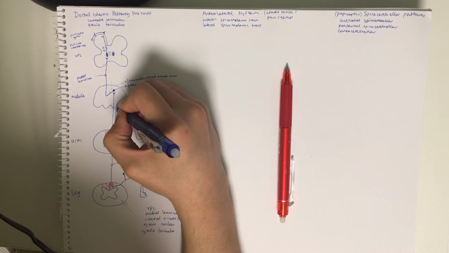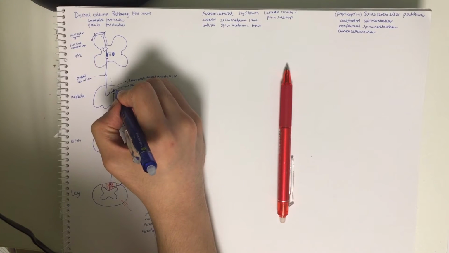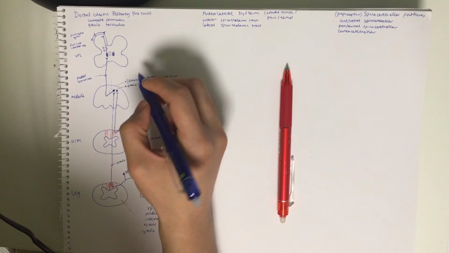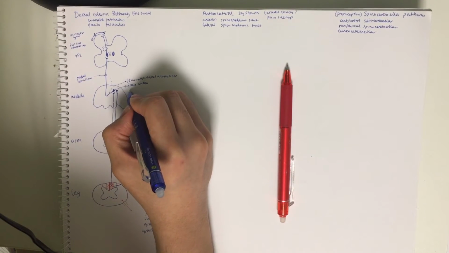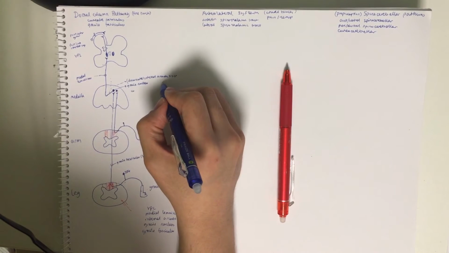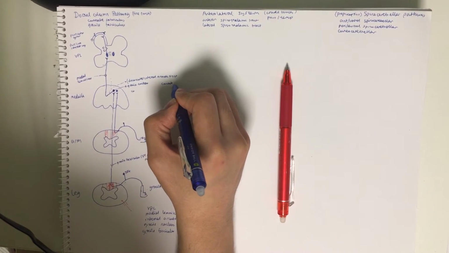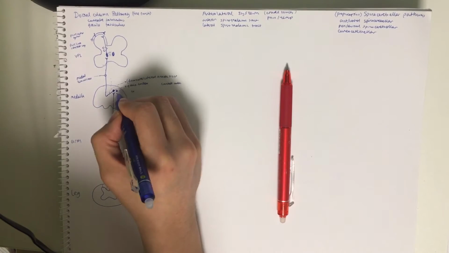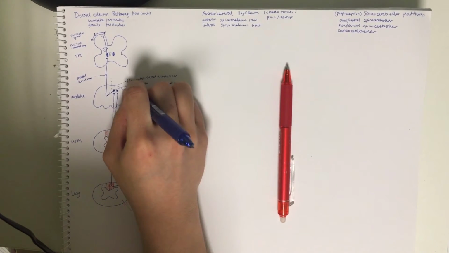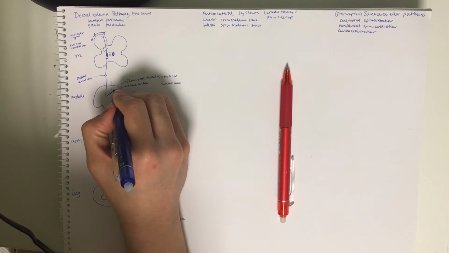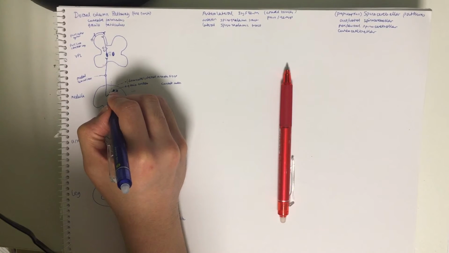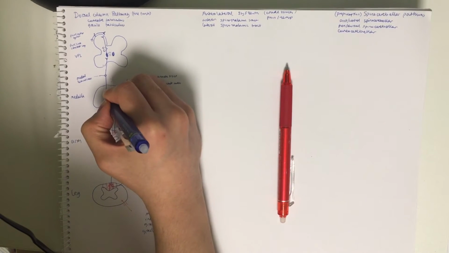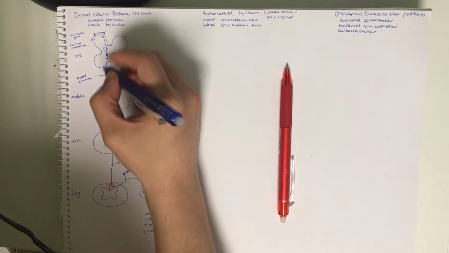Then it goes up. There's also going to be a nucleus for the cuneate fasciculus, and this is called the cuneate nucleus. Same things happen. It decussates as the internal arcuate fibers and goes up the medial lemniscus.